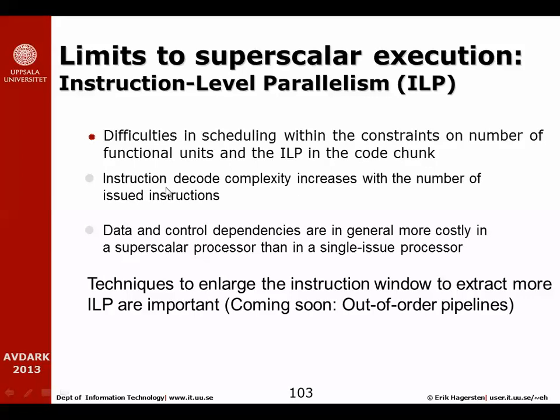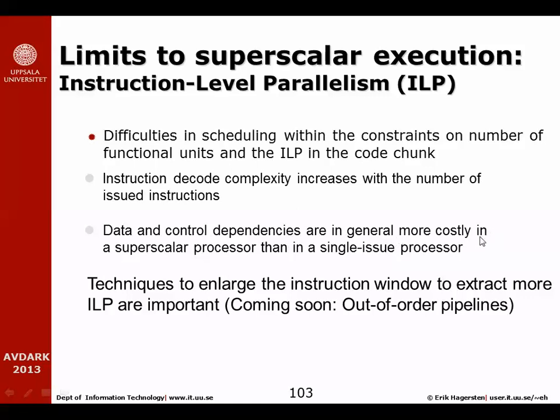And also the decoding becomes quite complex if you're going to leave it to the hardware to figure out when it's safe to issue many of these instructions in parallel. Hardware needs to do lots of data dependence analysis on the fly. And we're going to discuss a few of the tricks that the hardware may use to do the bookkeeping that's needed there. And also with a longer and wider pipeline like this, the control dependencies are generally much more costly.